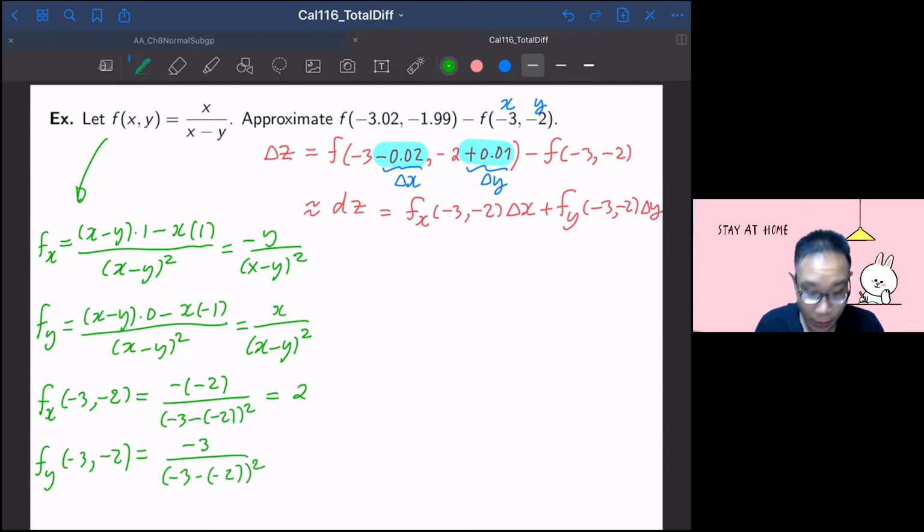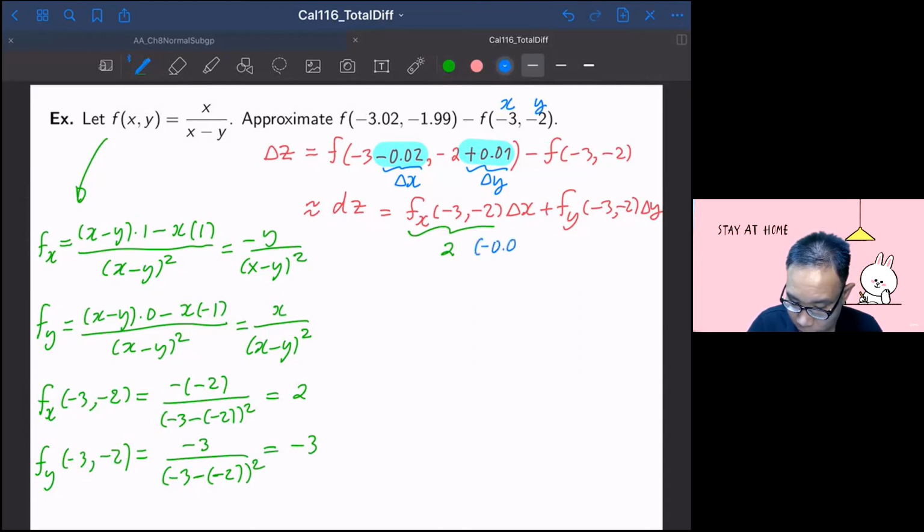Okay, and this one will be what? Negative 3. Okay, so you see that the denominator turned out to be just 1 squared and it will disappear. So you're going to just use them here. So it's going to be 2, and delta x is negative 0.02.